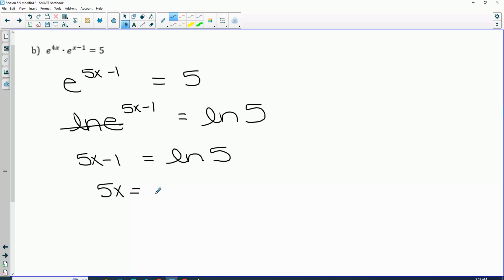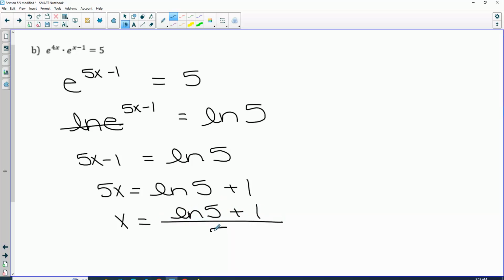So then to get x by itself, we add the 1. And we divide the 5. So our answer is the natural log of 5 plus 1 over 5. To get a decimal in your calculator, make sure you do parentheses around the entire numerator. Also, every time you push the log button, it opens a parenthesis, so you have to close it.